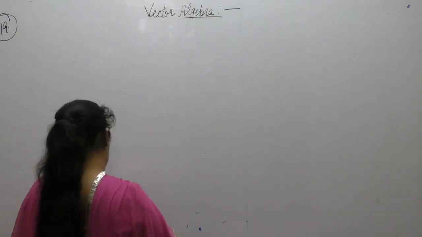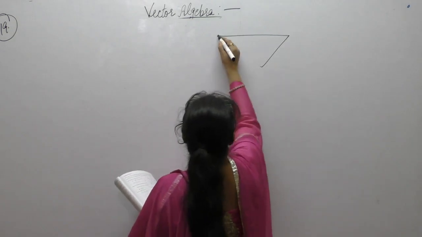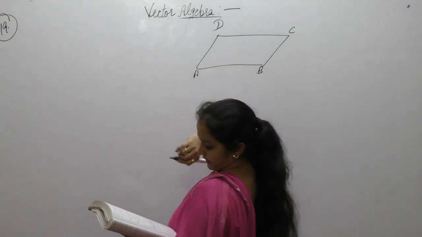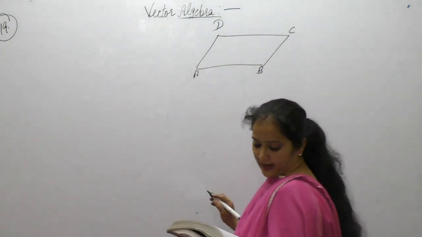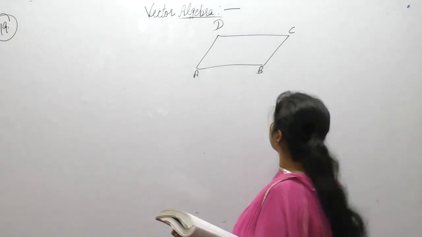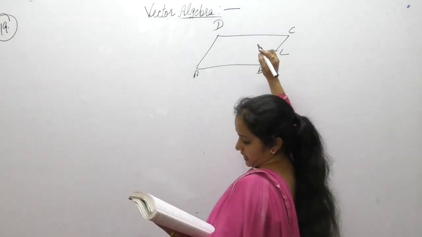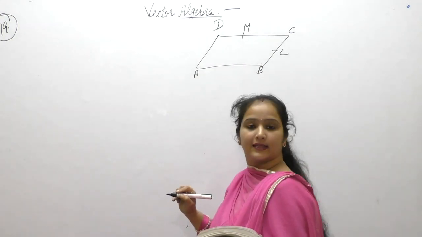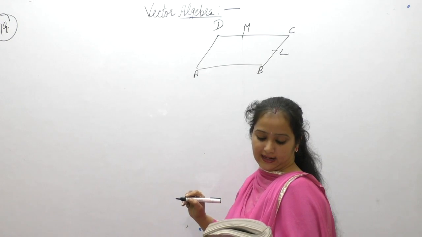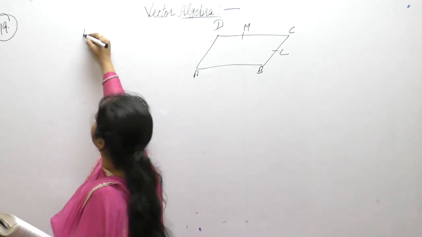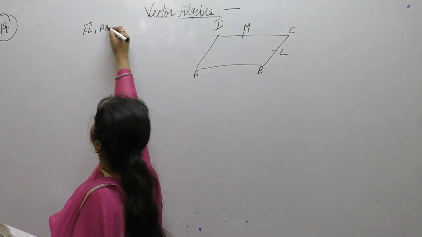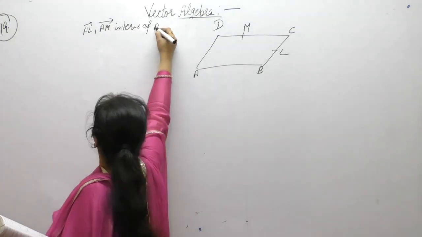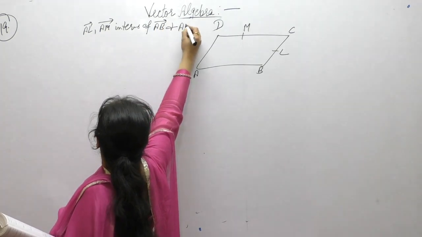ABCD is a parallelogram. If L and M are the midpoints of BC and DC respectively, then express AL vector and AM vector in terms of AB vector and AD vector.